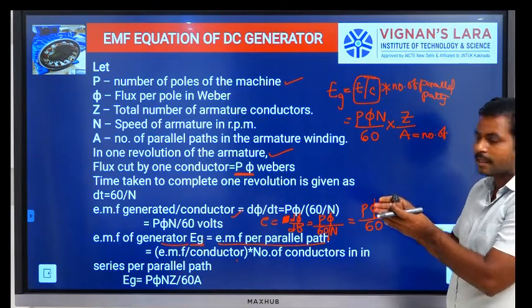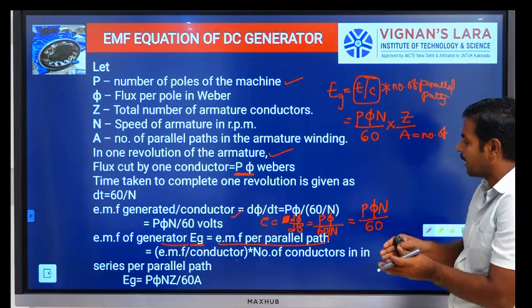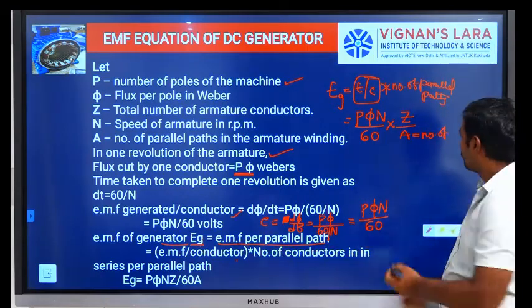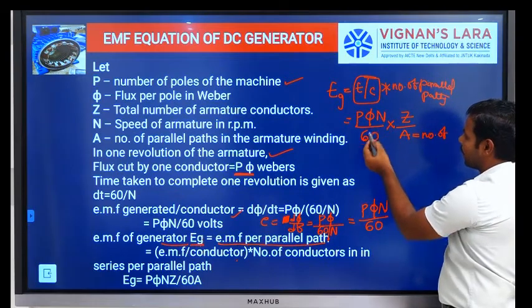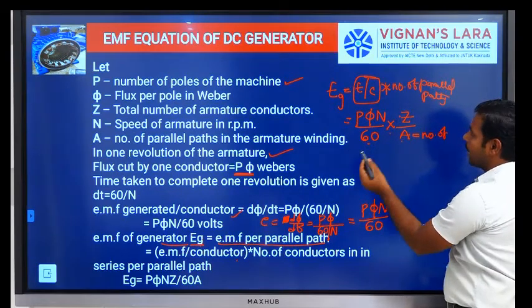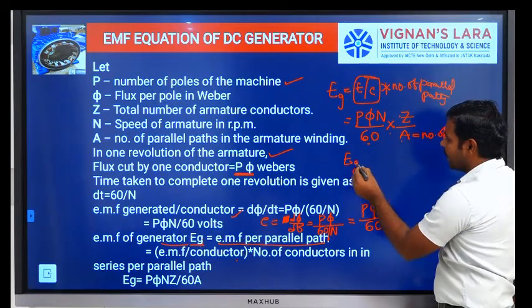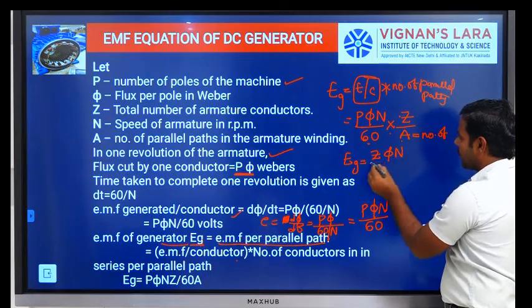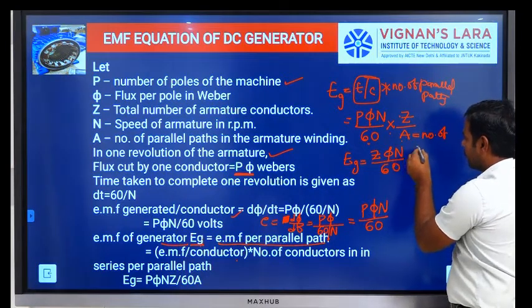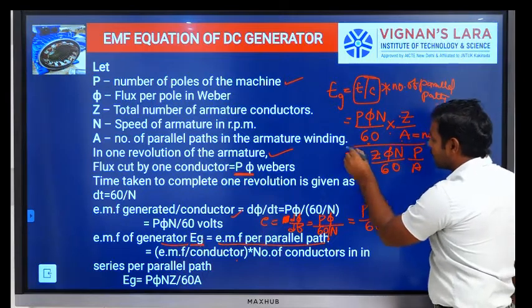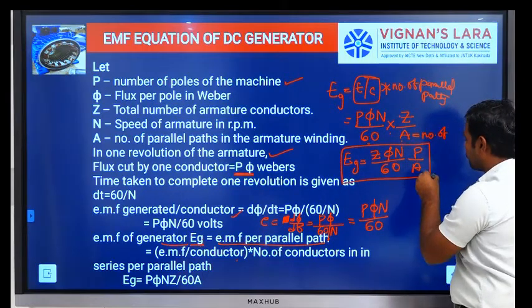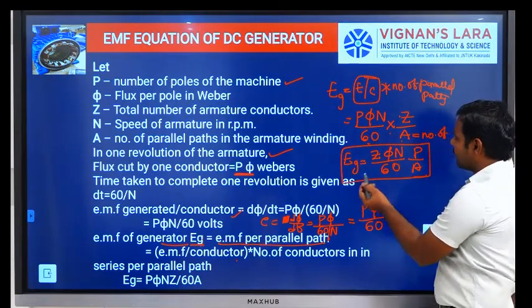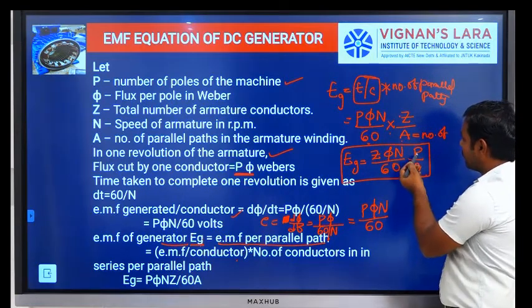Dividing Z by A gives the number of conductors in series per path. So generated voltage EG is equal to phi Z N by 60 into P by A. This is the final equation of the voltage induced in a generator.